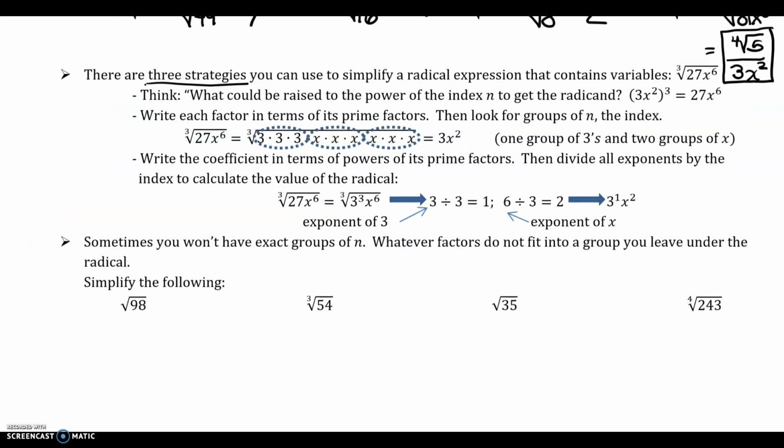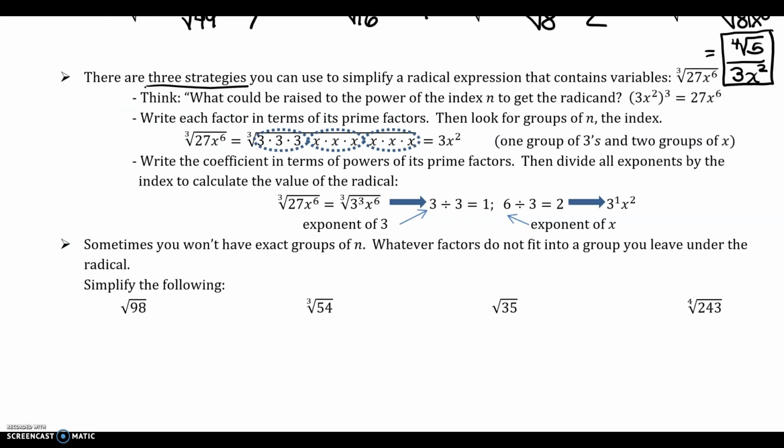First off, here's an example right here, the cube root of 27x to the 6th. This one actually simplifies all the way where your radical reduces out, but there are 3 methods to do this. The first method is you could think what could be raised to the power of the index n to get the radicand. So in this case, what could we raise to the power of 3 to get 27x to the 6th?